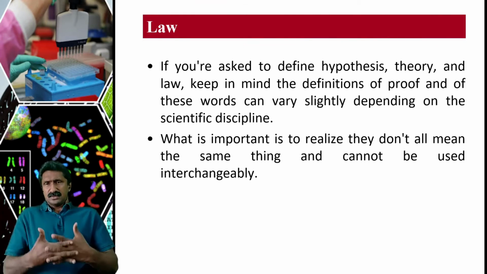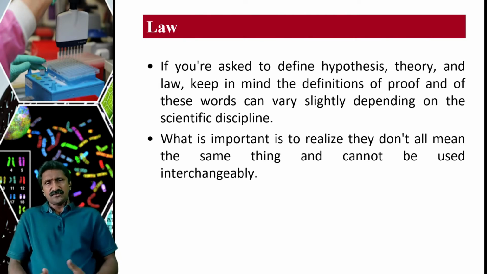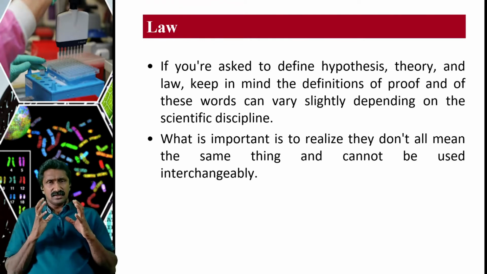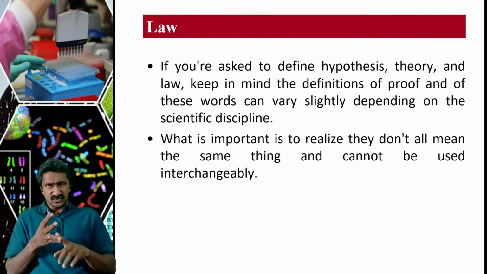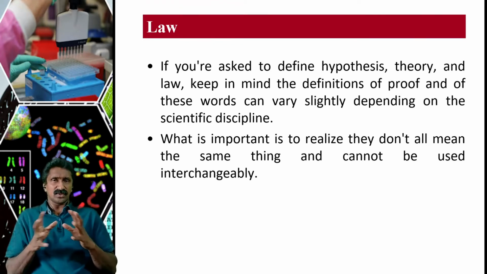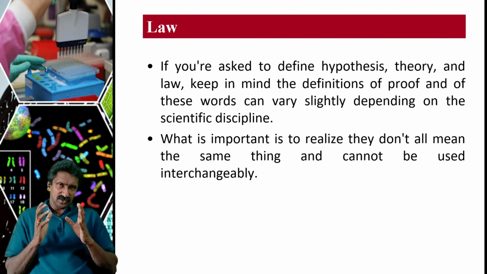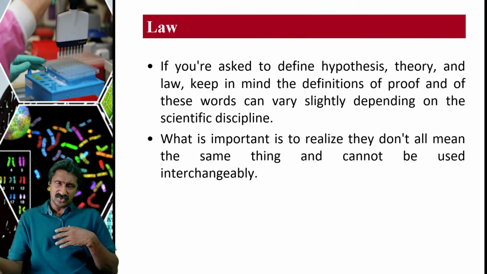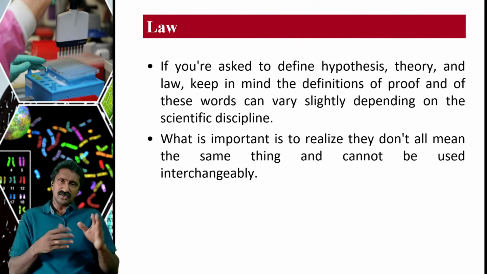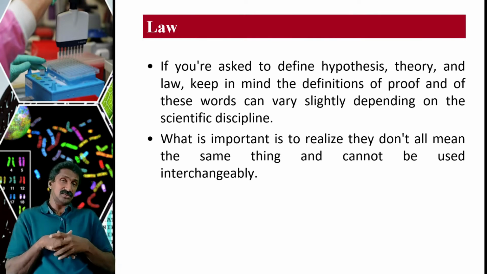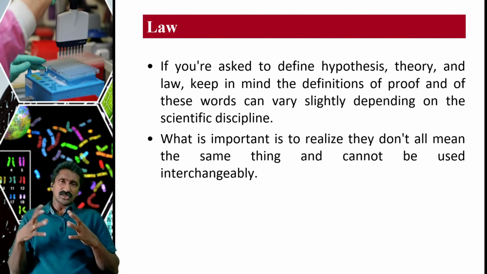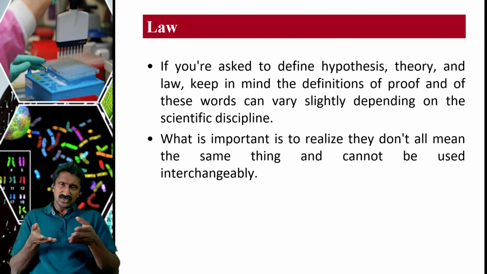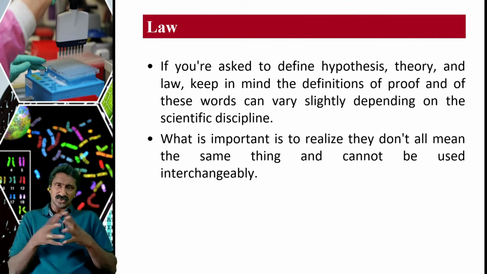If you are asked to define hypothesis, theory, and law, keep in mind that the definitions of proof and these words can vary slightly depending upon the scientific discipline. For example, biological science and physical science, or even nowadays psychology, which is also coming under science. So based on the disciplines, the nature of the hypothesis, theory, and laws varies, and this is also practical even in humanities and social science.